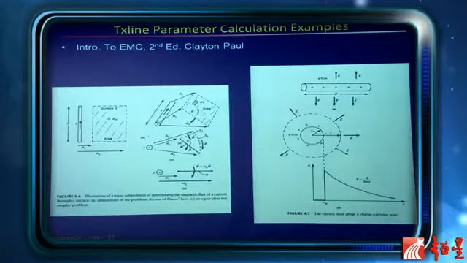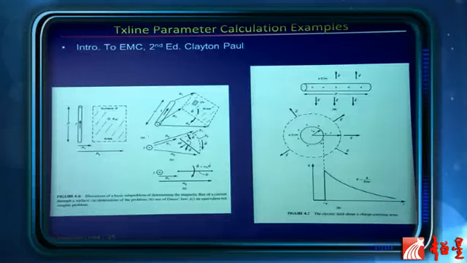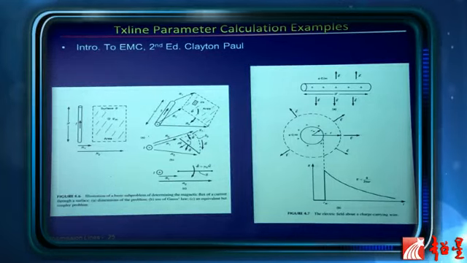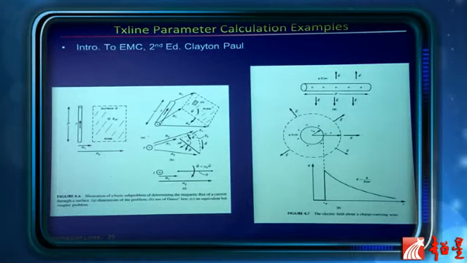This is a very simple example from a book by Clayton Paul about transmission lines, two twin lead transmission lines. Basically two lines in parallel, and how do you calculate the inductance and capacitance of this?